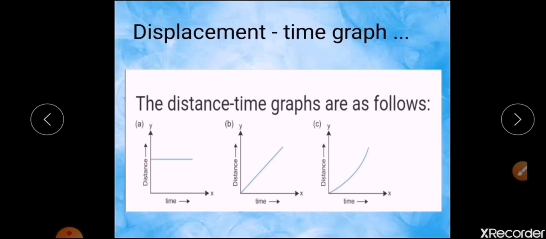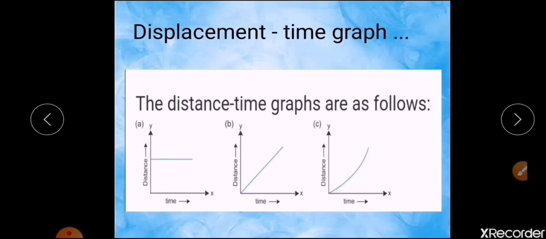But when you come to motion in 2 dimension and 3 dimension, they will be different. Since you are learning motion in 1 dimension, both are going to be the same.